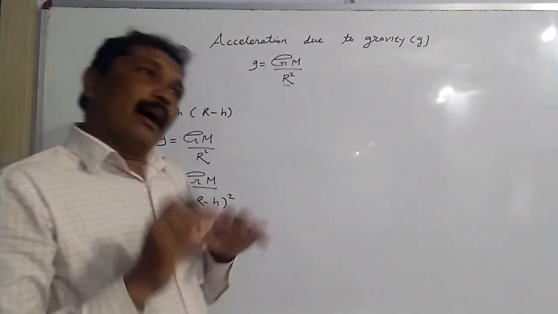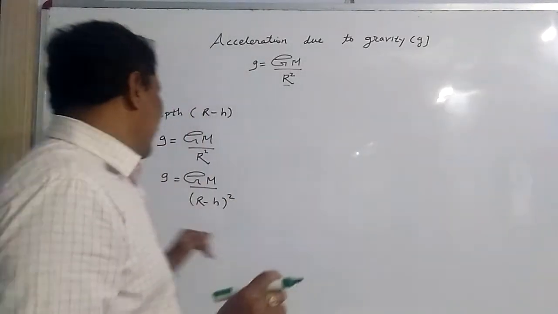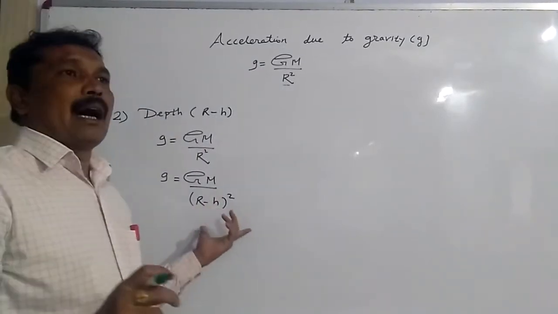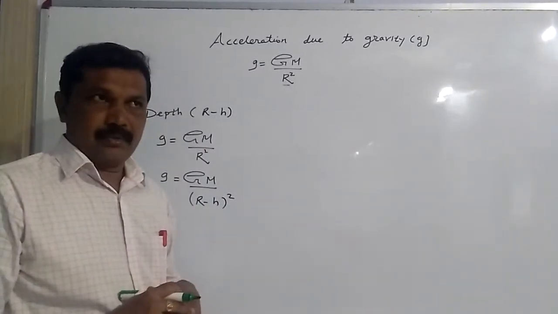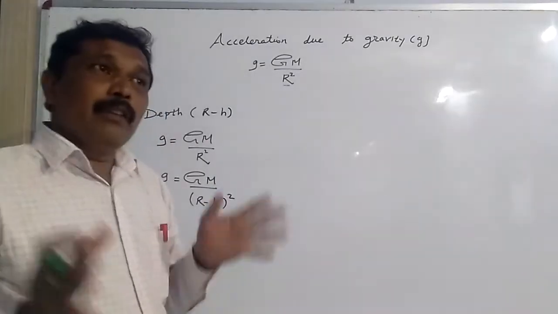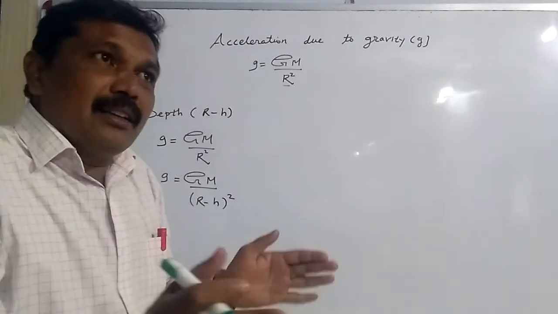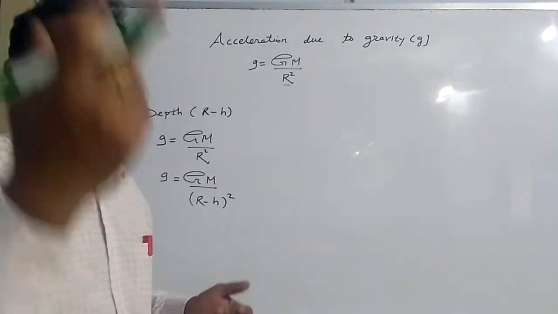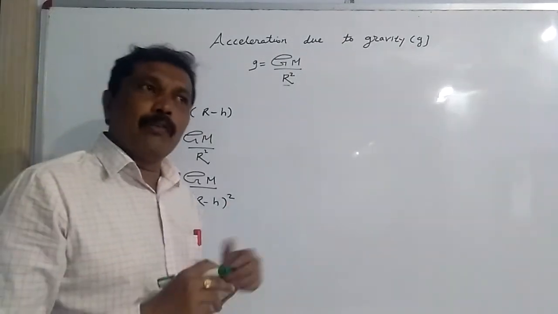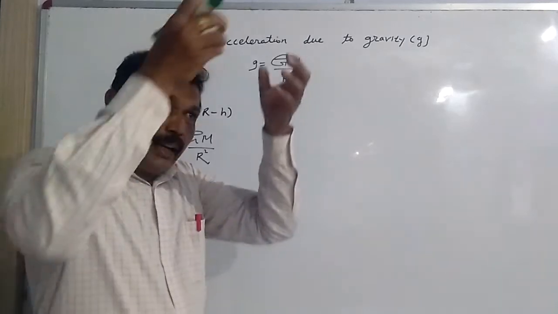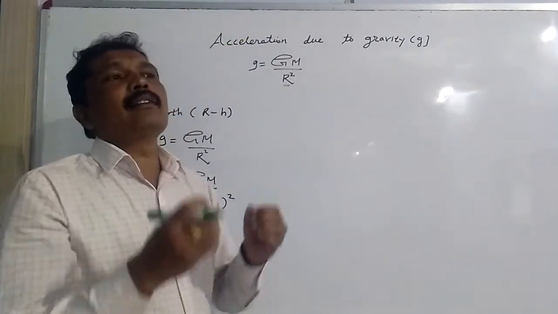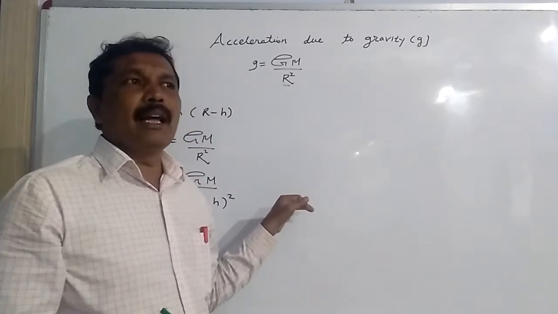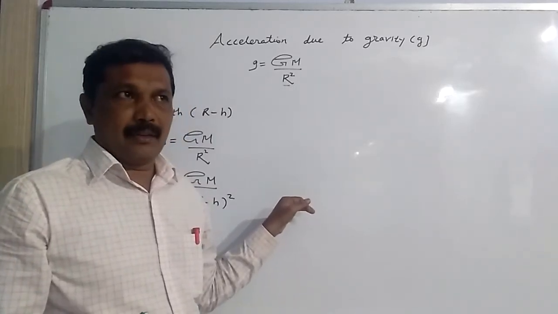Now students, again we can write from the formula that g is inversely proportional to R minus h. So if the value of R is reduced, then acceleration due to gravity must increase according to the formula. But when we take the body under the earth crust and go on reducing the radius, this formula is not applicable here.